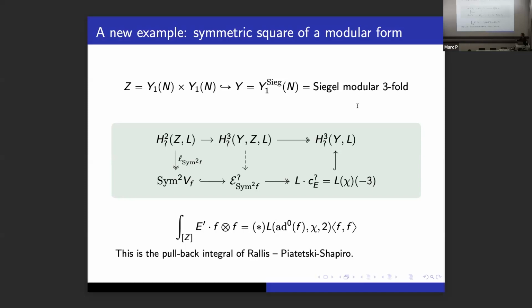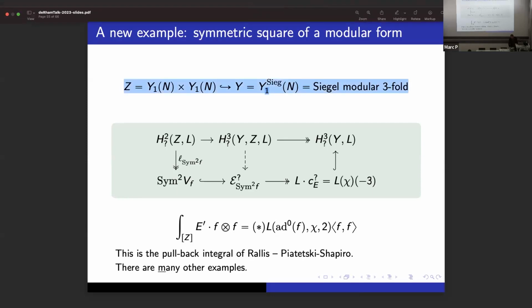vector space. And so this is a pullback of a well-known integral, the pullback integral of an integral well studied by Rallis and Piatetski-Shapiro and by Shimura and Shimura's students. Which F bracket F? Sorry, thank you. This is the Petersson norm of F with itself.